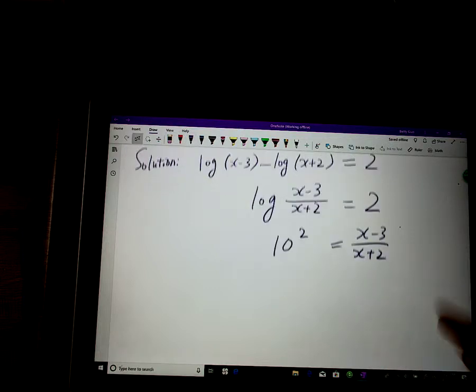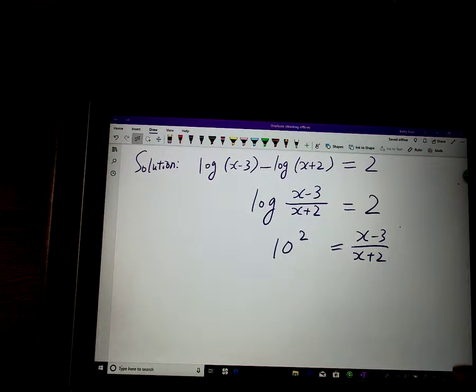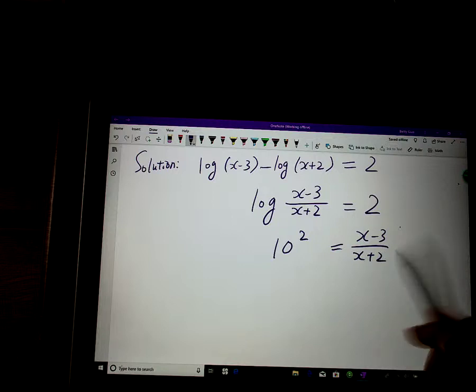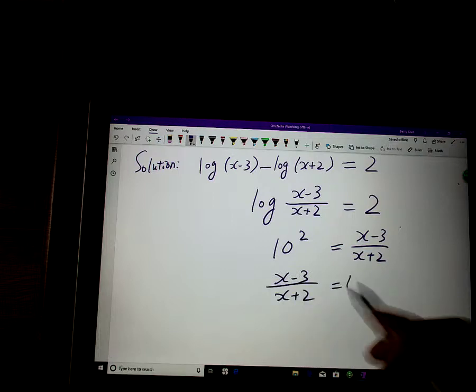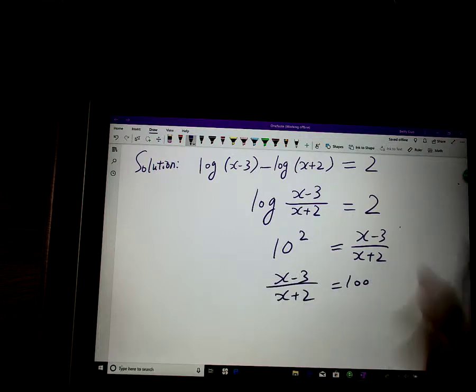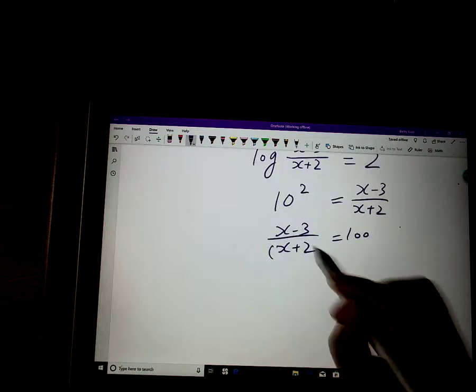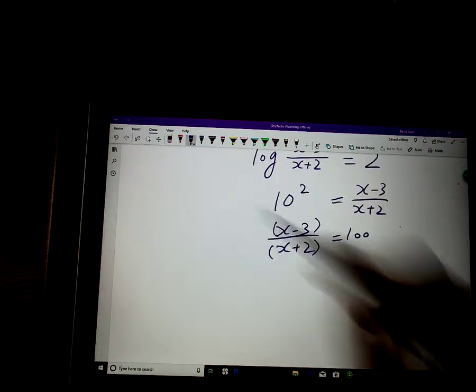So actually we are solving a rational equation now. If we switch both sides, we have x minus 3 over x plus 2 equals 100. Multiply both sides by x plus 2.